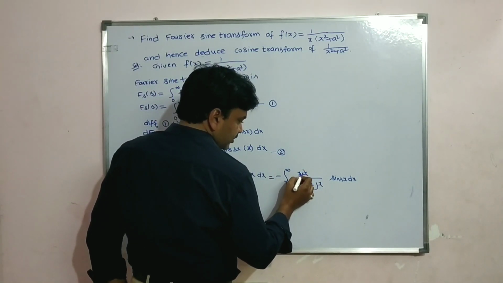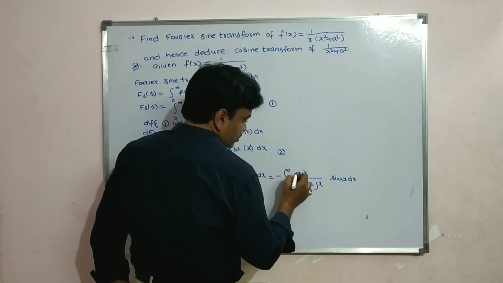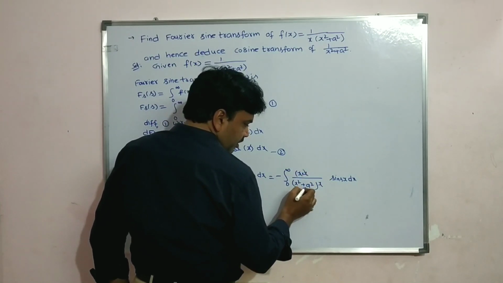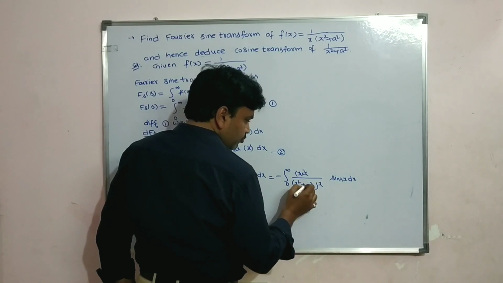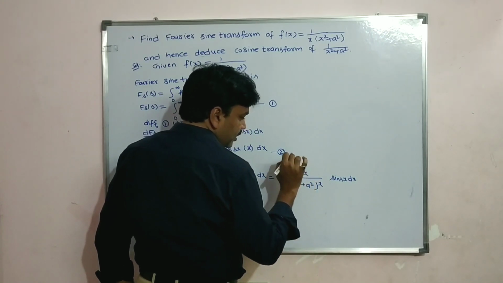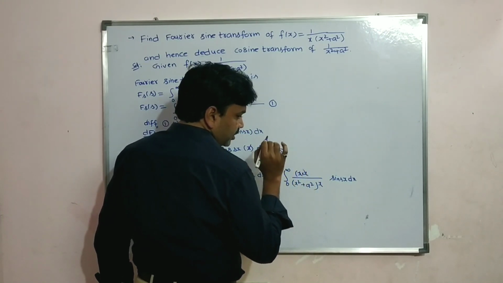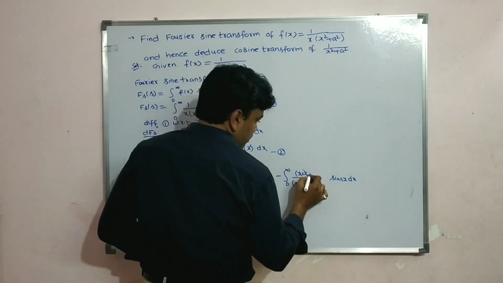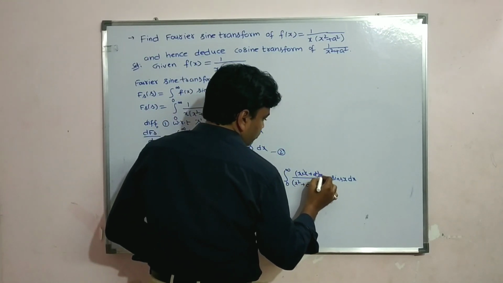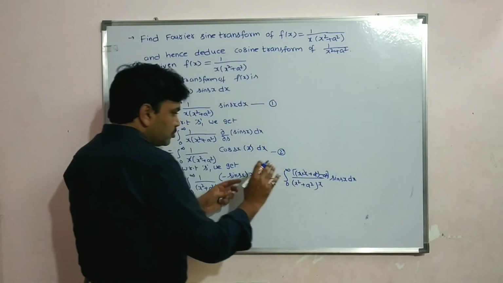Now this one is x square. The denominator contains plus a square, so I want to add and subtract a square. So plus a square minus a square. Now separate the terms.